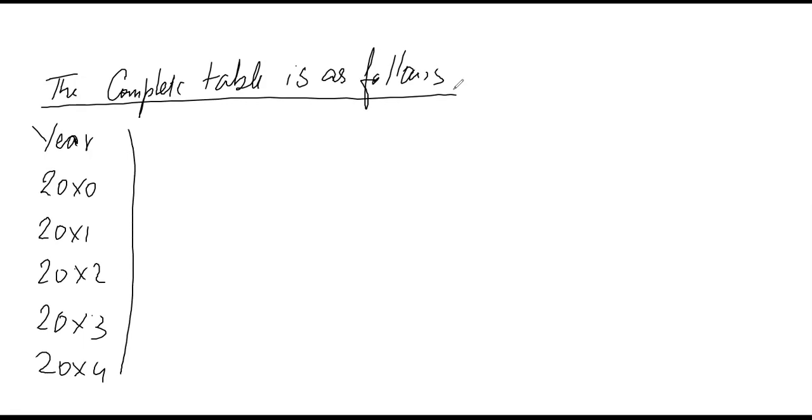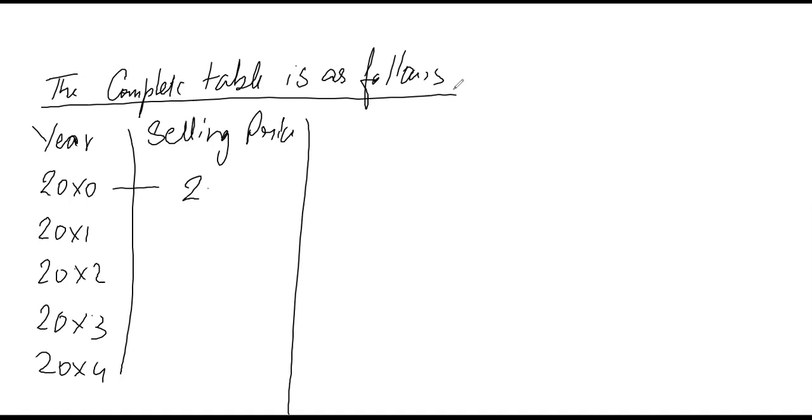After doing this, I'm going for the selling prices. The selling price for 2000 is 20, 23, 26. This was given in the question. I'll be uploading the question as well so that you guys can easily account for it. And 28, index number.